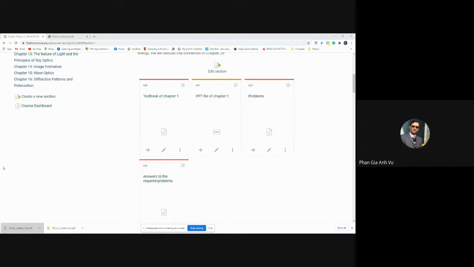I will also check the attendance. Because now we have class online, I will count the number of participants today, next week and the week after. But when we have offline class, maybe I won't take the attendance list, but I will accept your attendance by counting the problems you solved in your notebook. Is it clear?